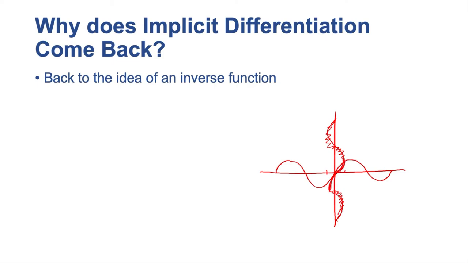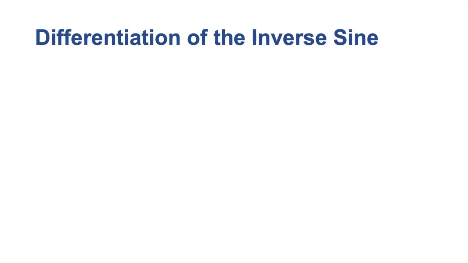And we could differentiate that, but what's going to be really nice is implicit differentiation, because then we could differentiate this whole thing and then add back our domain restriction. So let's do that. Let's try to differentiate the inverse sine function. What we're going to do first is some rewriting. So we have y equals sine inverse of x.